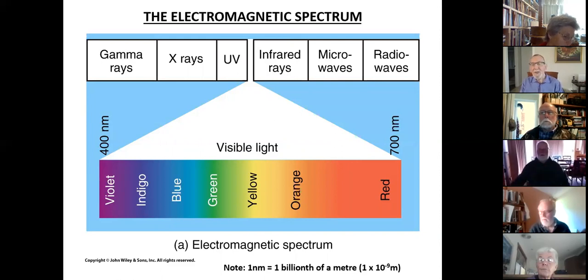Gamma rays are particularly nasty, and we won't go there, except to say that some of the very old television sets, the old black and white sets, were notorious for gamma radiation from the screen. And so sitting too close to them was considered, quite understandably, fairly dangerous. So we only see this little bit of visible light, but the other wavelengths are incredibly useful. And so we use them to great effect in medical diagnosis.